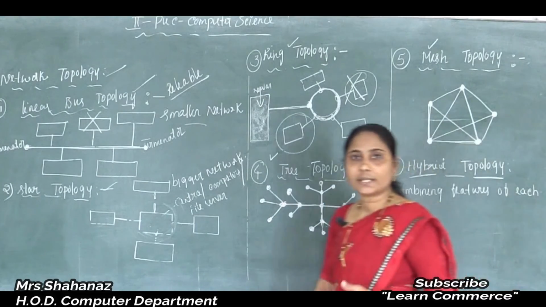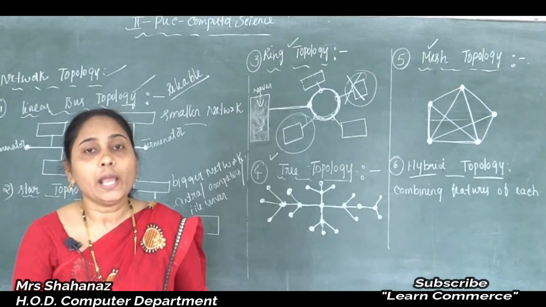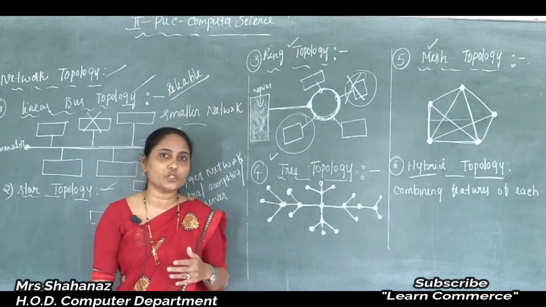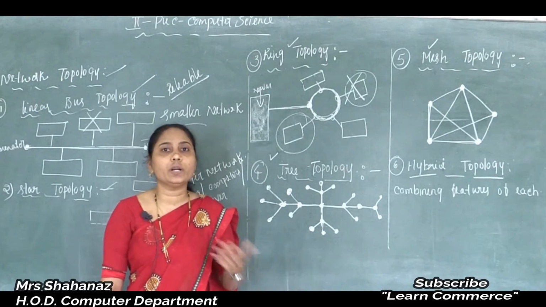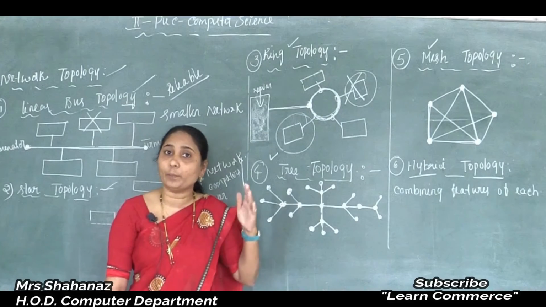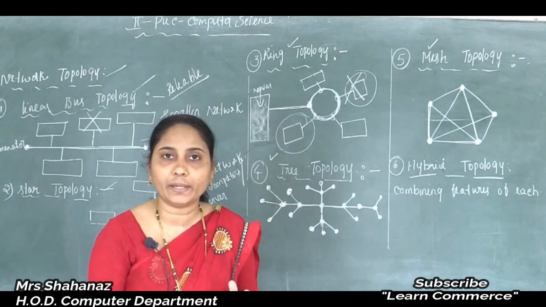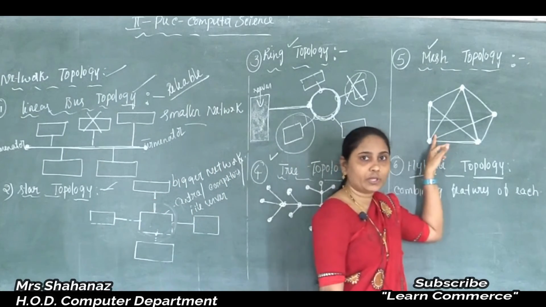In this type of topology, if any computer node goes down, is there any effect? We can say there is no problem, but it is very difficult to implement as the number of computers increases.